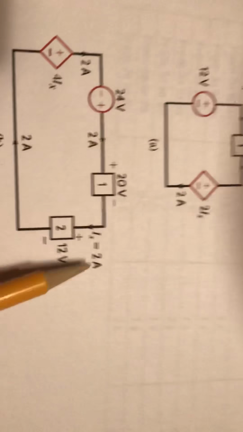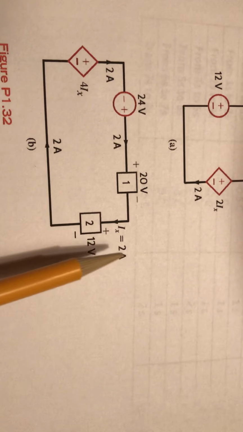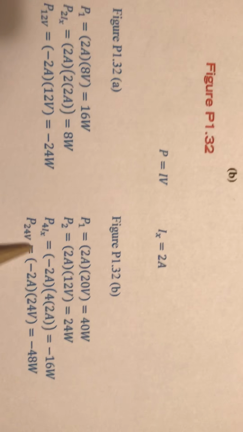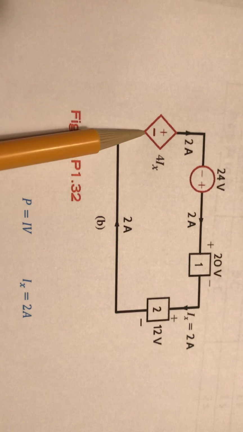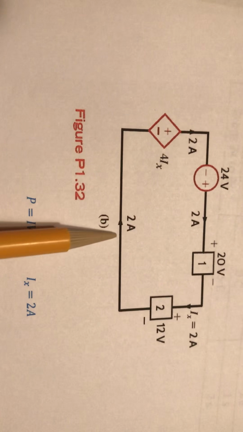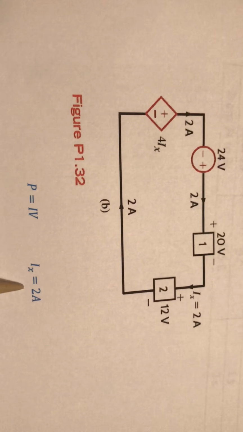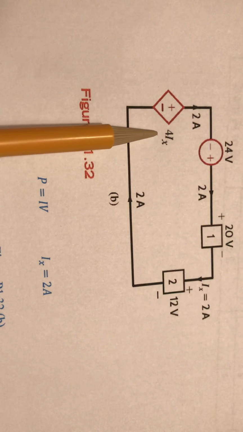And for P2, current again is moving from positive to negative, which gives us positive 2 amps times 12 volts, which is 24 watts. And for P4Ix, current is moving in negative to positive, which gives us negative 2 amps. And then 4Ix is 4 times Ix, which is 2 amps, which will give us 8.